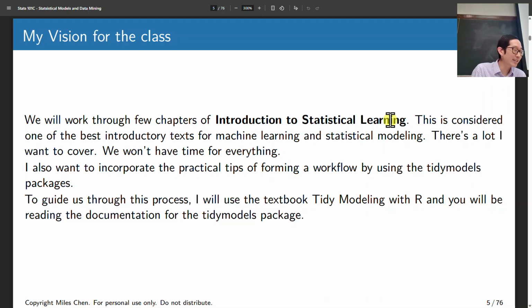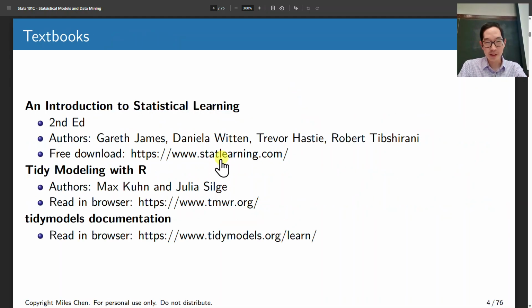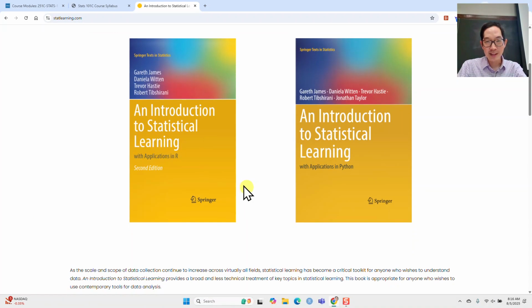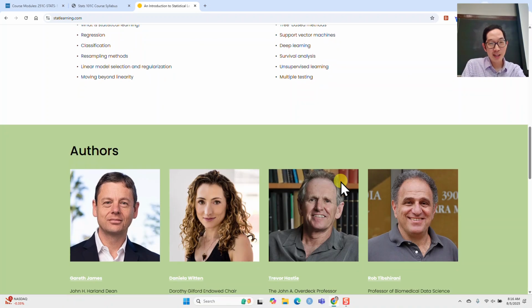I think it's regarded by many to be one of the best introductory texts. The people who wrote it are up at Stanford, and they wrote it in R. If I click this, Stat Learning, they now have a version of it, An Introduction to Statistical Learning with Applications in R, and they also have An Introduction to Statistical Learning with Applications in Python.